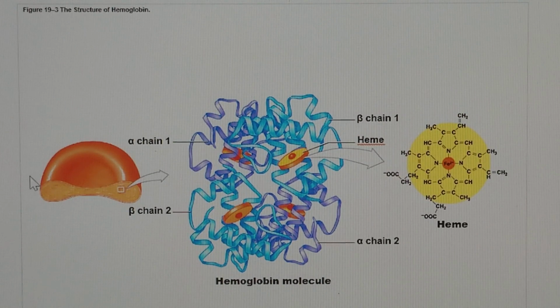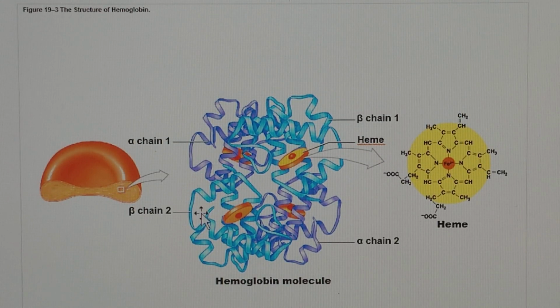In this picture, we're looking at the sectioned red blood cell, and we see alpha chain 1 here, alpha chain 2 here, beta chain 1 here, beta chain 2 here, and we can see a heme group, 1, 2, 3, 4 heme groups. In the heme group, we're looking at lots of carbon, hydrogen, oxygen, and in the center of the heme group, we've got iron.